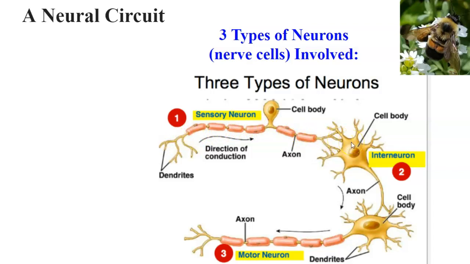When it gets to the spinal cord and or brain area, that's the central nervous system, and the neurons in there are called interneurons. And these are the ones that do interpretation of the information you're taking in. And then from that interpretation, it gives direction on how to respond.